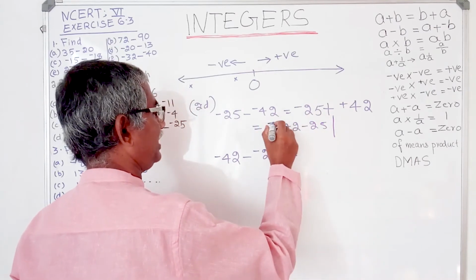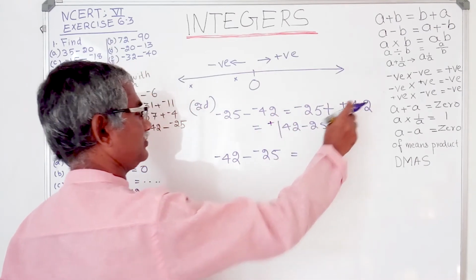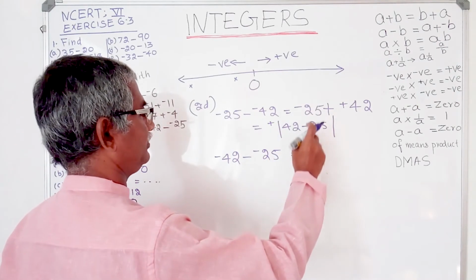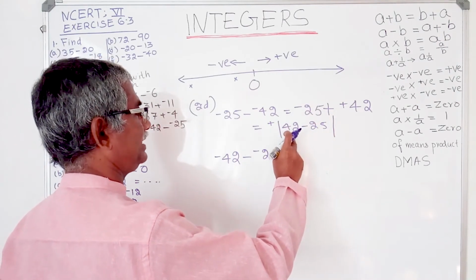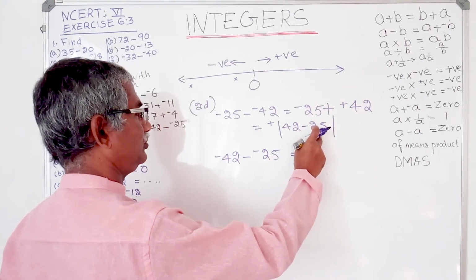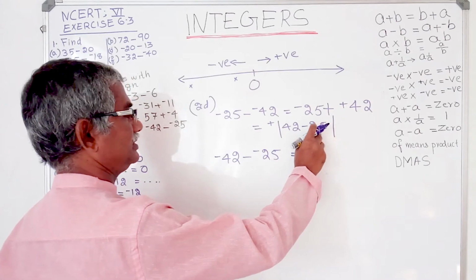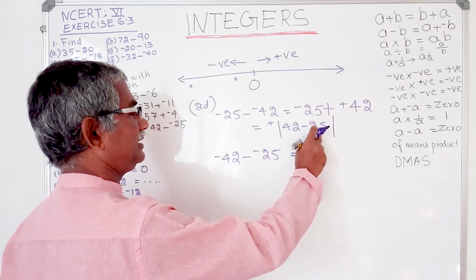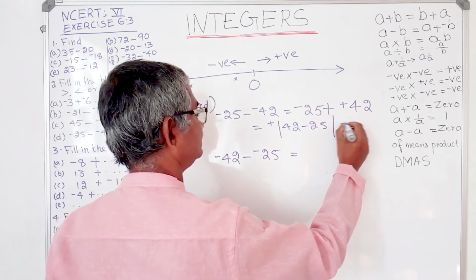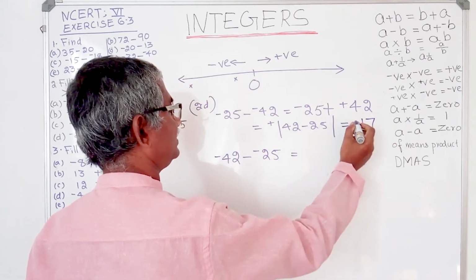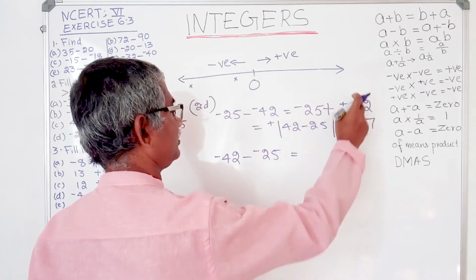Put the sign of the larger absolute. Consider 42 minus 25. 42 minus 20, 22. Again subtracting 5. Subtracting 2, 20. Again 3, 17. The sign of the larger absolute, positive.